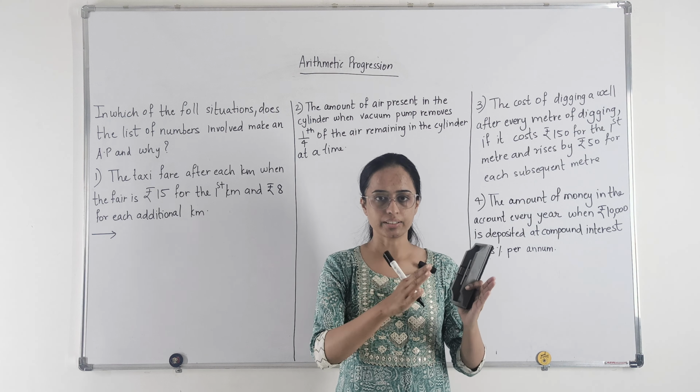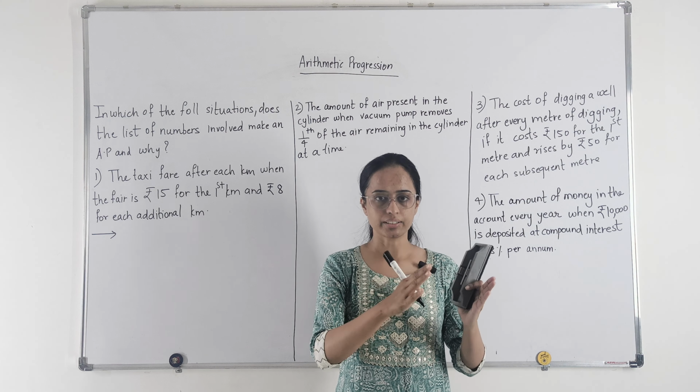So in this case, the sequence that we would get, for example, for the first kilometer, the taxi fare would be 15. Then for 2 kilometers, the taxi fare would be 15 plus 8, which is equal to 23.